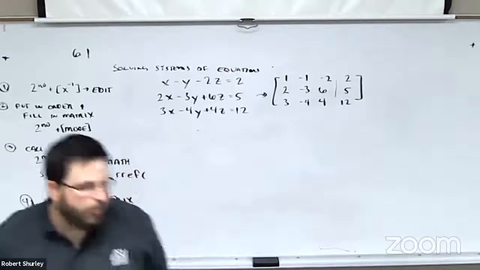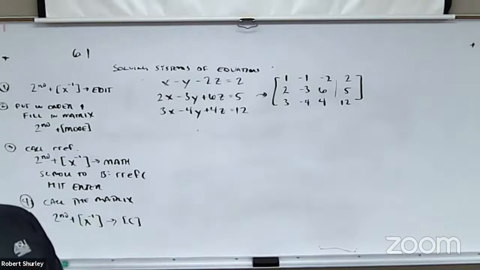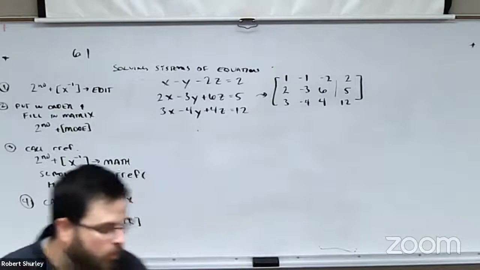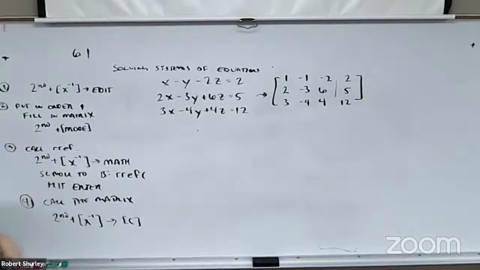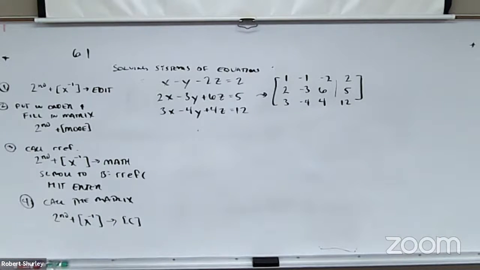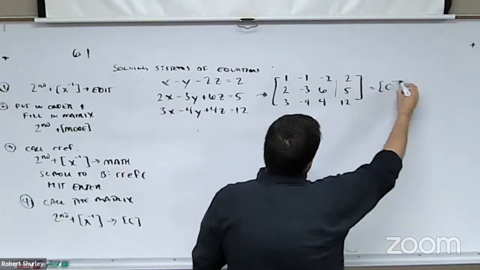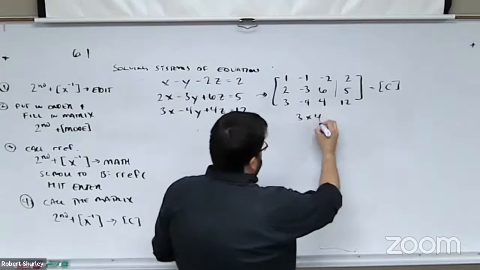Okay, so we wrote that as an augmented matrix. Now I'm going to follow the four steps I've written up here, so I don't have to put my calculator up to the screen every time, to solve this by creating the reduced row echelon form. Just to be lazy, I'm going to call this one C again, because C is already a 3x4 matrix.